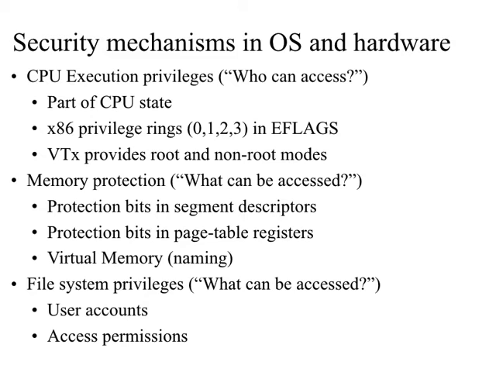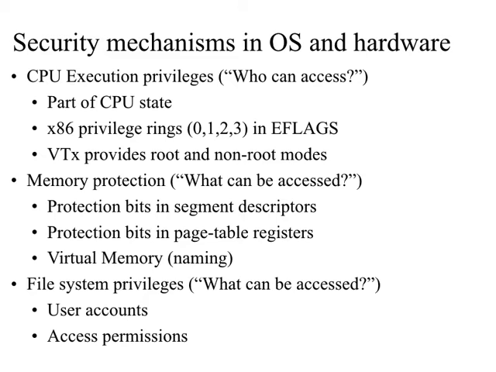So there are certain operating system security mechanisms that we have already learned in this class. These relate to the CPU, the memory, and the file systems. When we consider CPU, we are talking about CPU execution privileges, which determines who can access what.